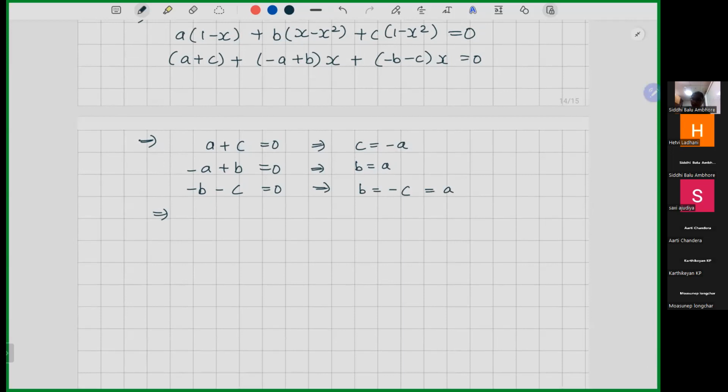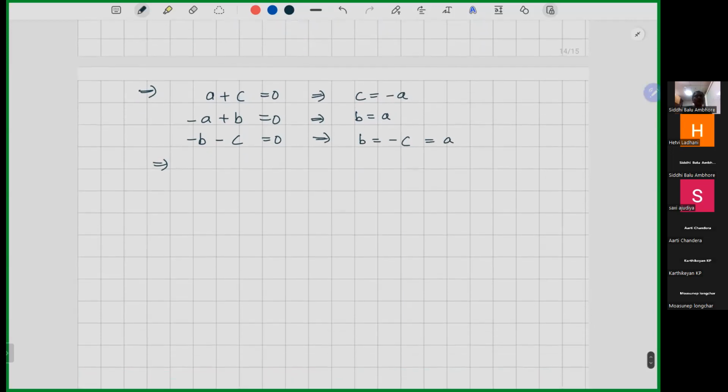So a belongs to R. Then again I can check that this becomes a linearly dependent set. Even though this has cardinality 3, this is a linearly dependent set. I can take a in R, b equal to a and c equal to minus a.